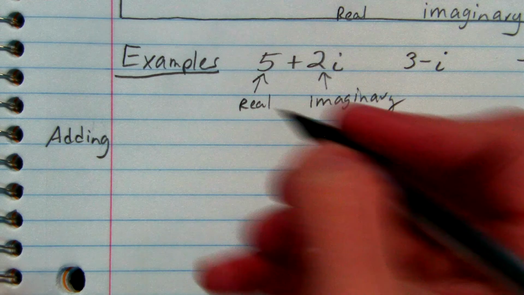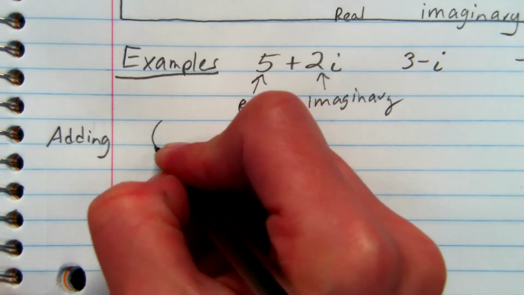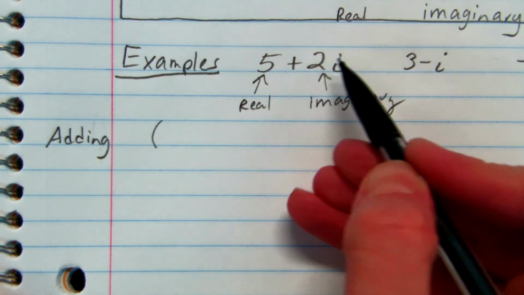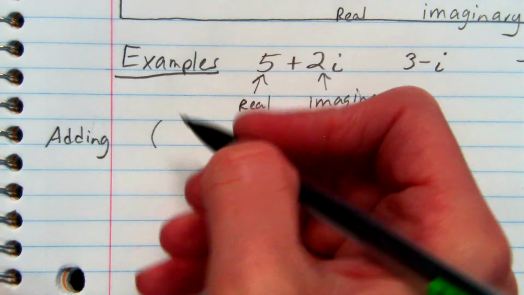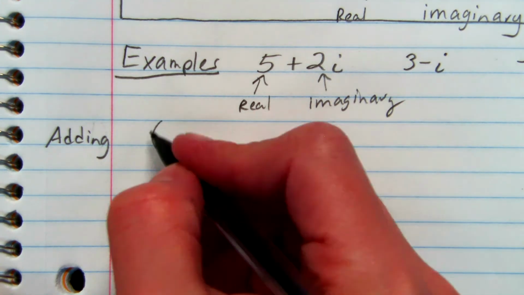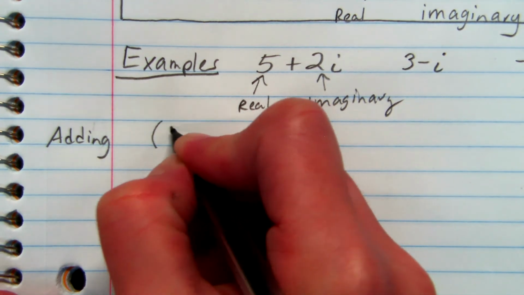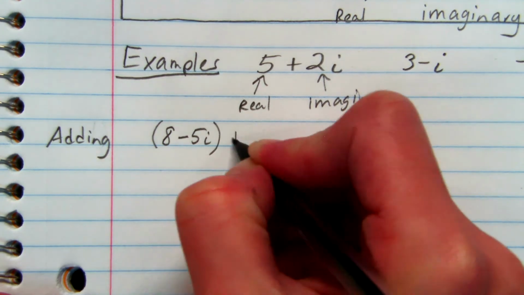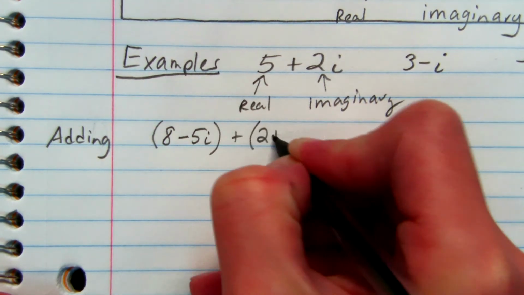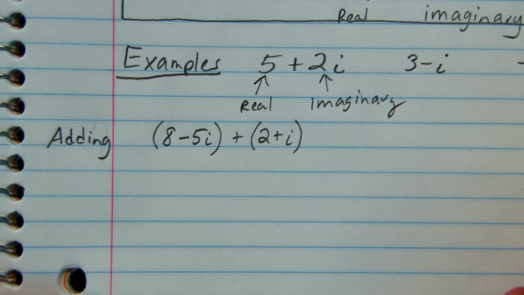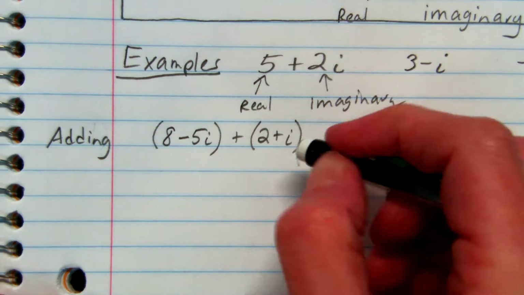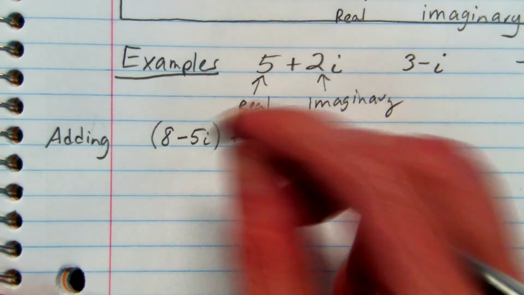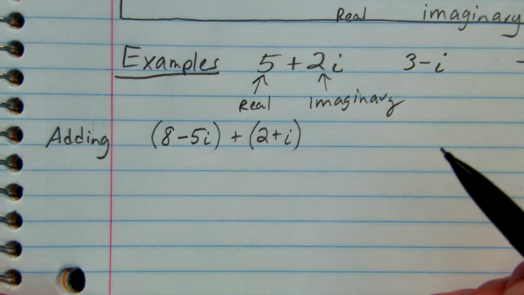So a lot of times if you have the real and the imaginary part for both of these, they treat them like a binomial, like it has 2 pieces, and so they'll use some parentheses. So they'll have 8 minus 5i plus 2 plus i. And really, this just goes back to some basics of algebra. When you're adding, you just add the like terms.